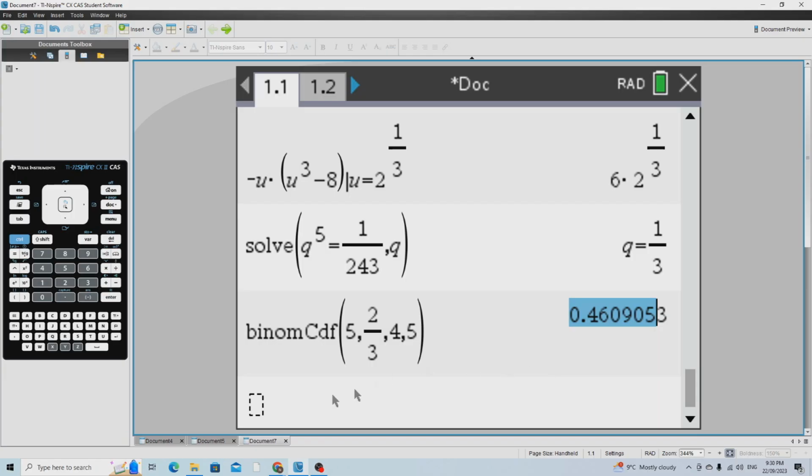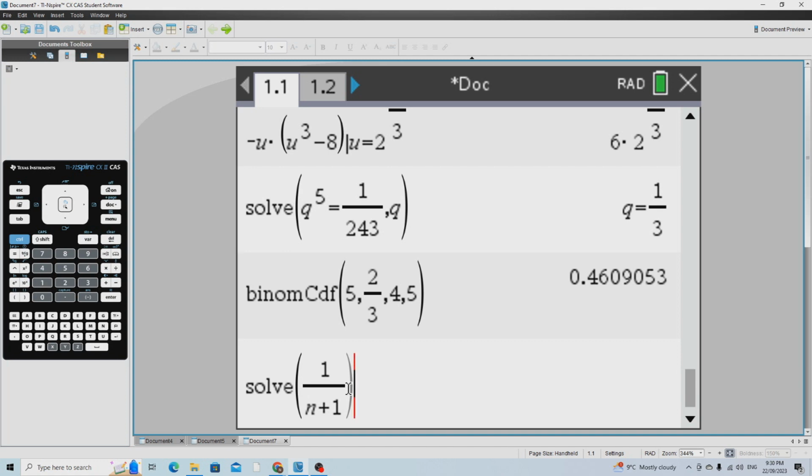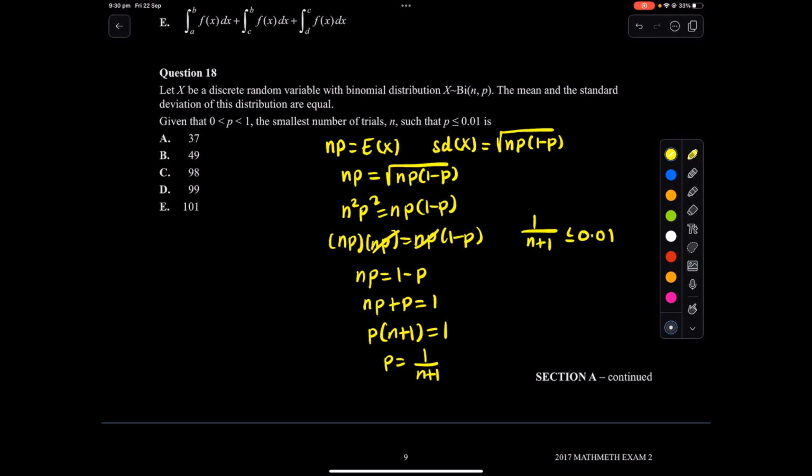So let's solve that in our calculator. And we get n must be greater than or equal to 99. So the smallest is 99 because it's equal to it.